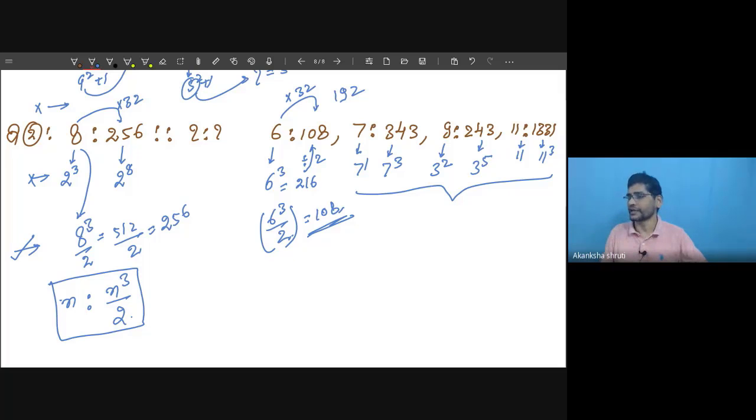So we have drawn the clue that this 108 and 6 is like our 6 cube by 2, means n cube by 2 relation. And we have adjusted the given pair to verify whether the n cube by 2 relation is followed in the given pair or not. We observe that it is followed in the given pair. Therefore, the correct option is the first one, 6 is to 108. This is the correct option.